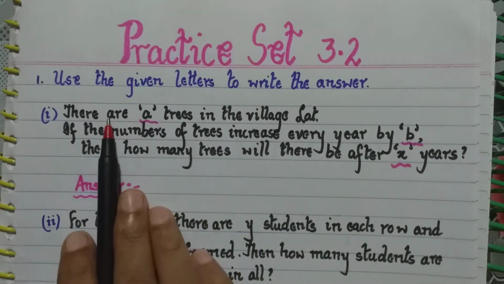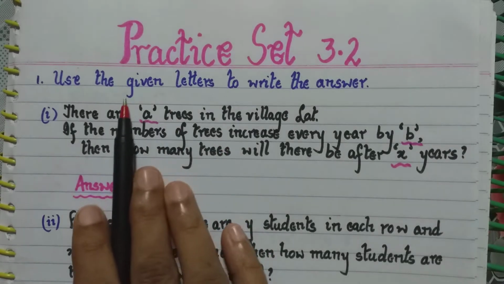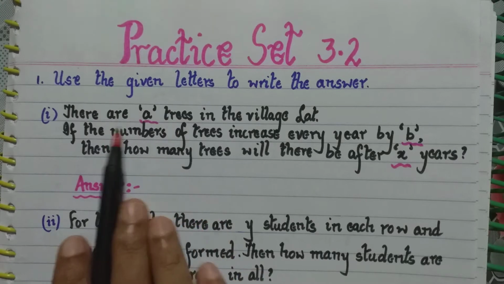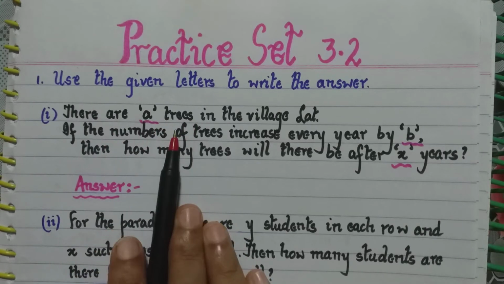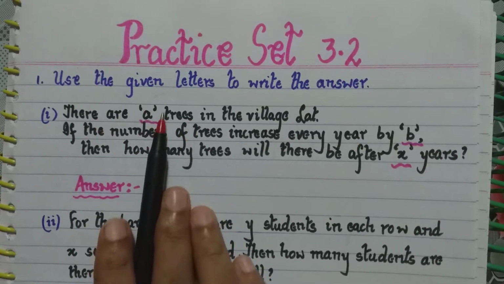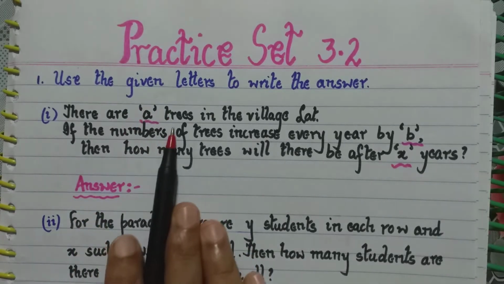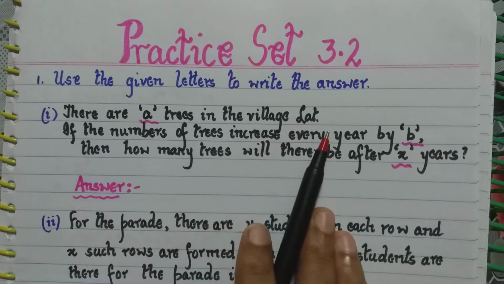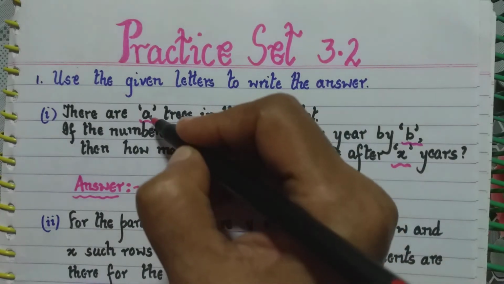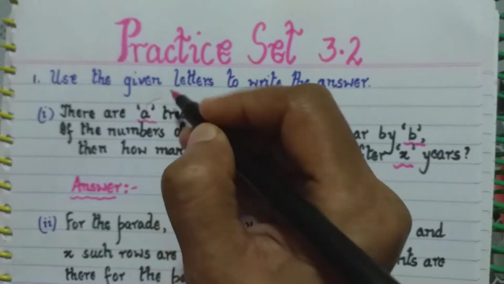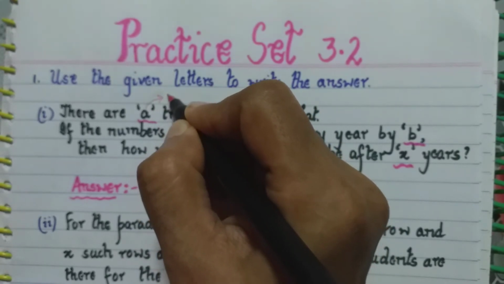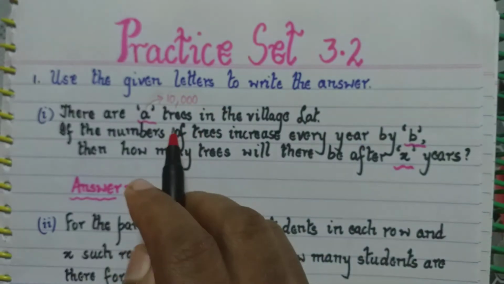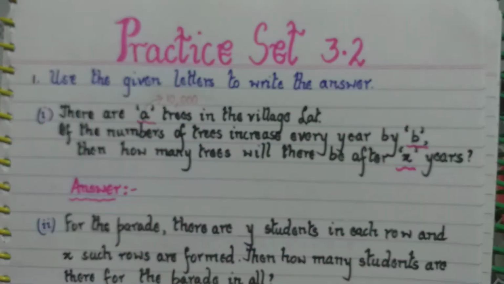Suppose there was a man who was earning a certain salary. Suppose the salary of that person was 10,000, and we can take that as A, because there were 8 trees in the village lot. So suppose I am taking A as 10,000, the salary of a person.